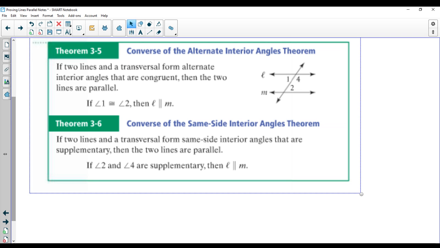And now for same side interiors, if two lines and a transversal form same side interior angles that are supplementary, meaning they add to 180, then the two lines are parallel. So if angle 2 and angle 4 add together to 180, that means L and M have to be parallel.